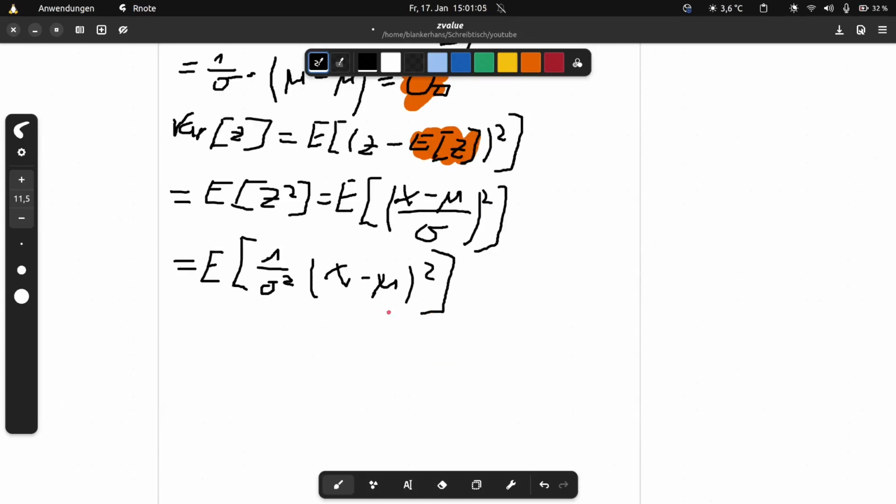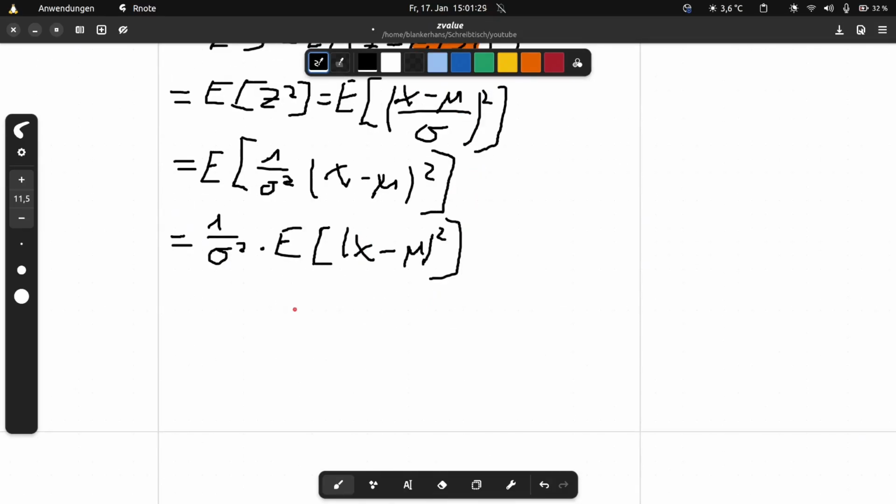And again, we can take out the sigma squared because it's non-random and it's a scalar. We write it in front of the expectation.